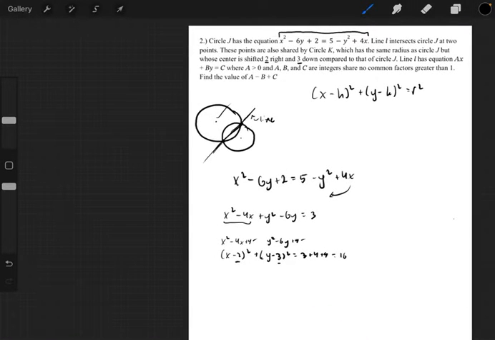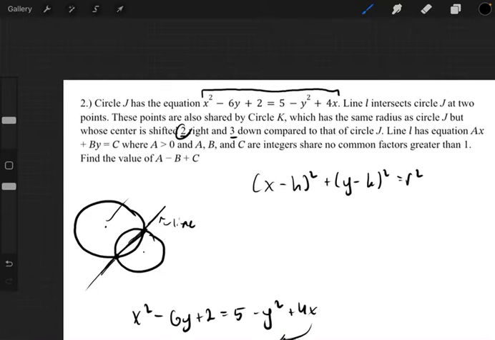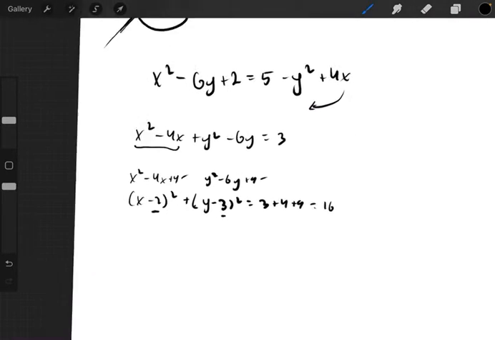We know that the second circle shifts 2 to the right and 3 down. That means plus 2, minus 3. Let's apply that.